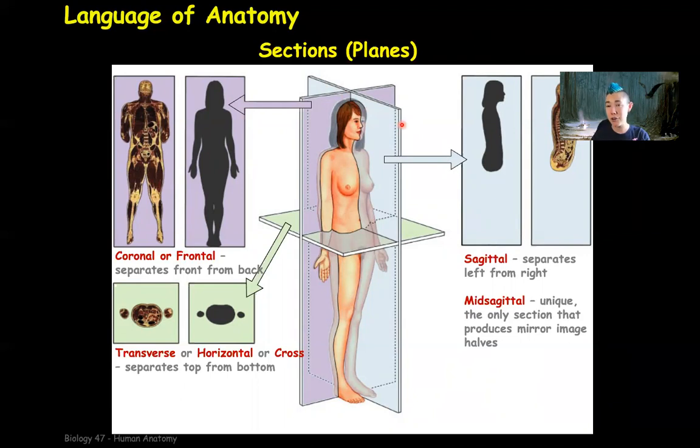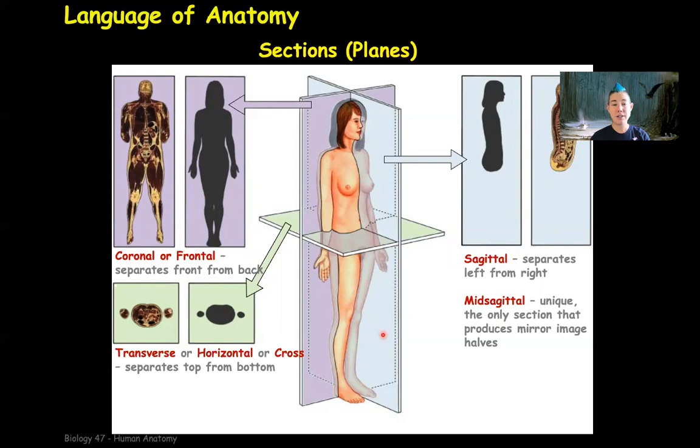Sagittal refers to Latin for like an arrow. Imagine being struck by an arrow. If it were a very long arrow, it'd divide the body into left and right halves. So a sagittal section separates left from right. A mid-sagittal section is the one that goes exactly down the midline of the body, so it divides the body into exactly equal left and right halves.